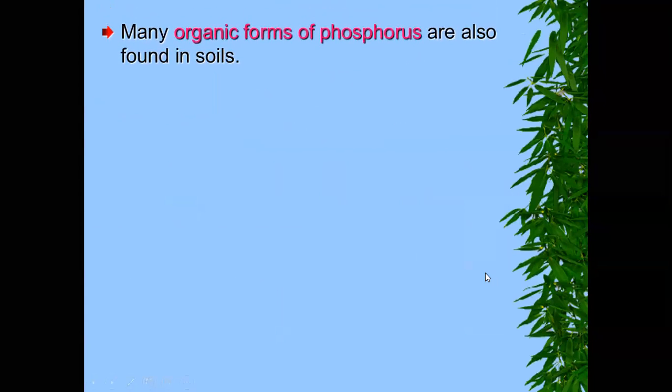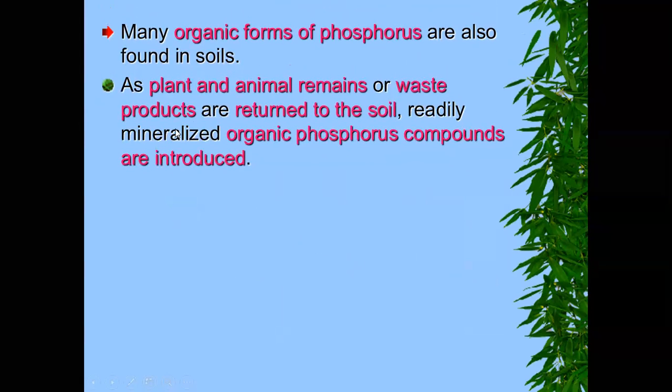Many organic forms of phosphorus are also found in soil. So organic forms कौन सी हो सकती हैं? As plants and animal remains or waste products are returned to the soil, readily mineralized organic phosphorus compounds are introduced.